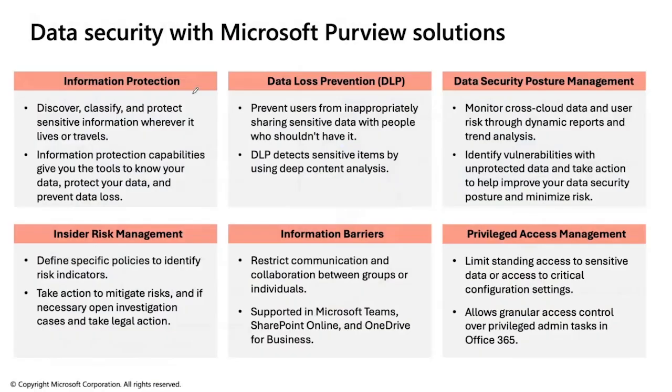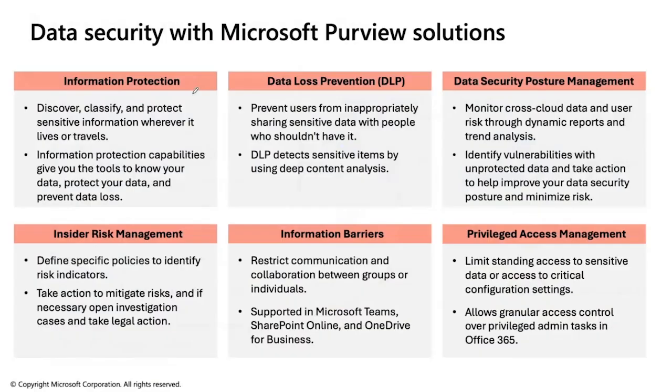Here we classify the data, whether it is general, secret, or highly confidential, and after classifying, we use labels and create sensitivity labels that include encryption, access control, and watermarking. All these things we apply under information protection.